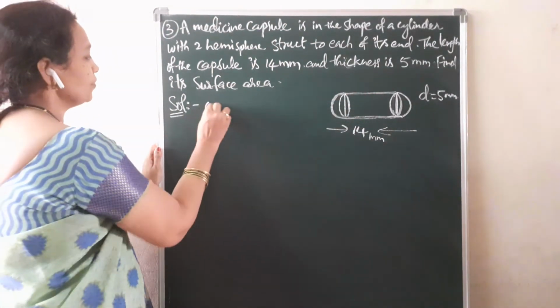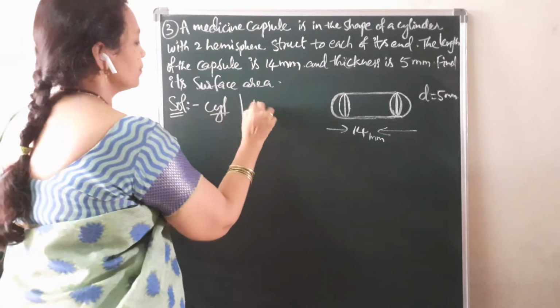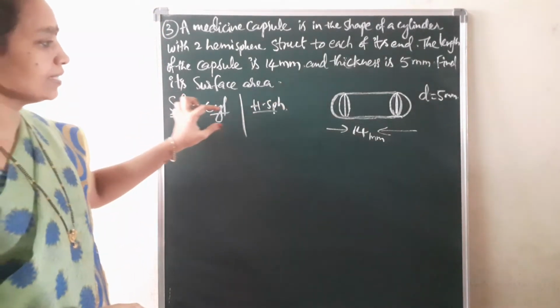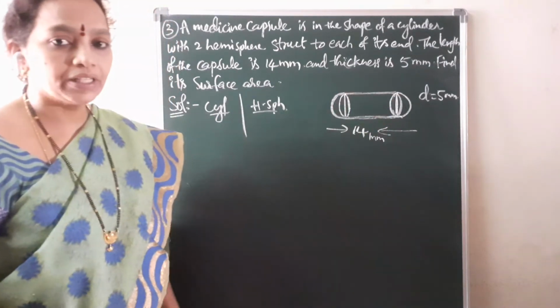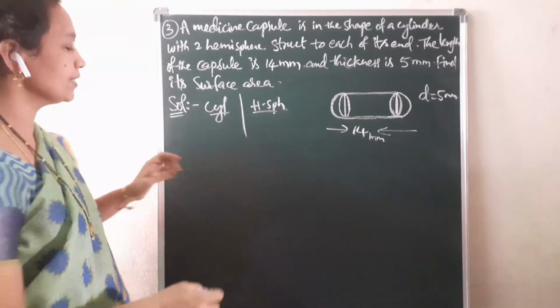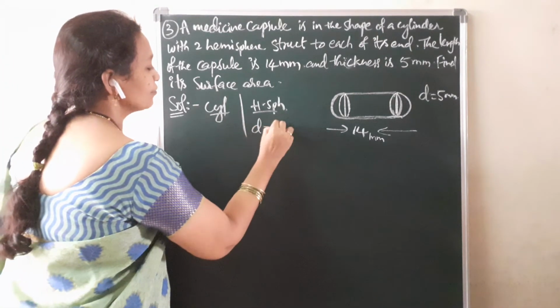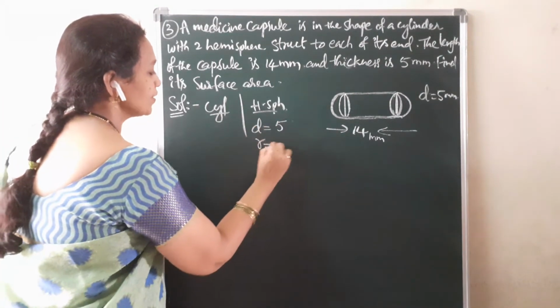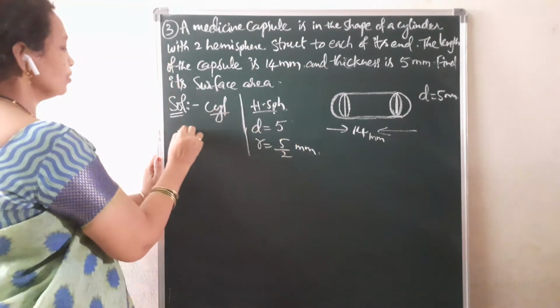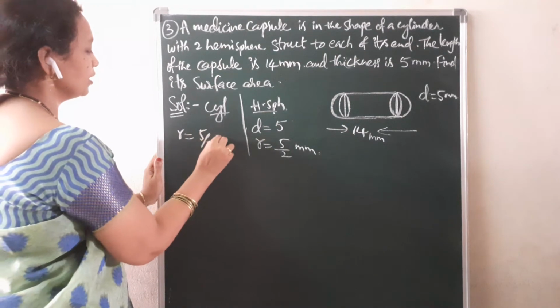So you have the cylindrical shape and the hemisphere shape. For the cylinder you have to find the length as well as the radius, and for the hemisphere you have to find the radius. As the common diameter is 5, the radius is equal to 5 by 2 millimeters, and for the cylinder also the radius is 5 by 2 millimeters.